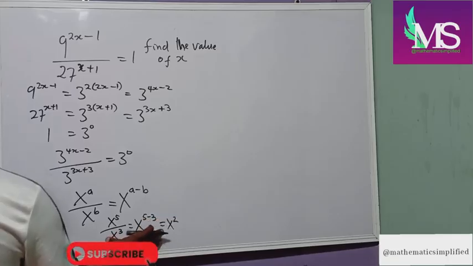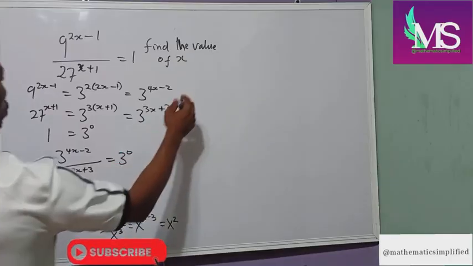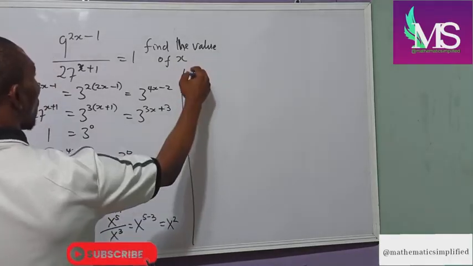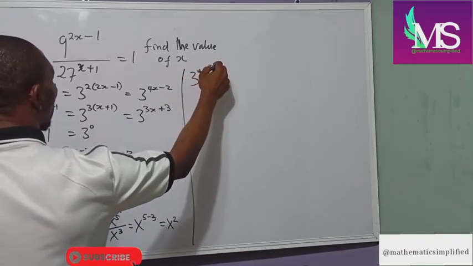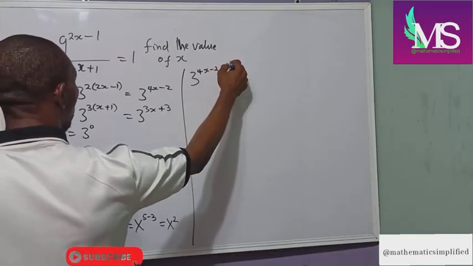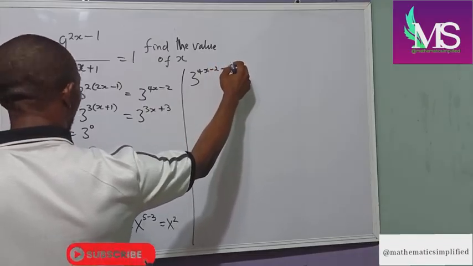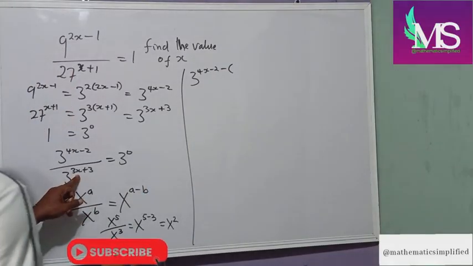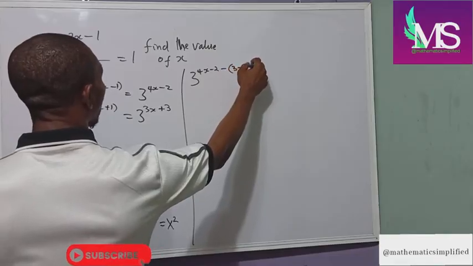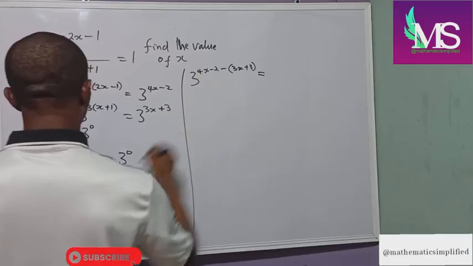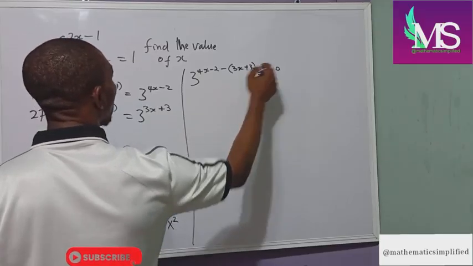Now, applying this same law here, this will now become 3, since they have common bases, raised to 4x minus 2 minus our lower term 3x plus 3 equals 3 raised to the power 0.